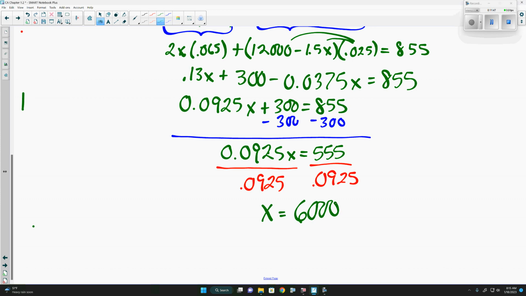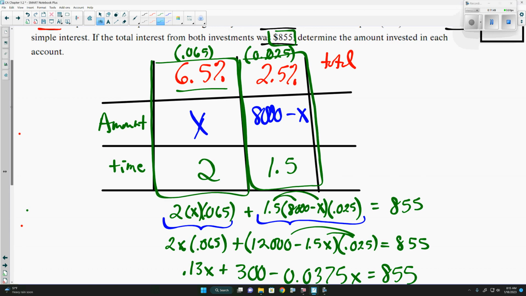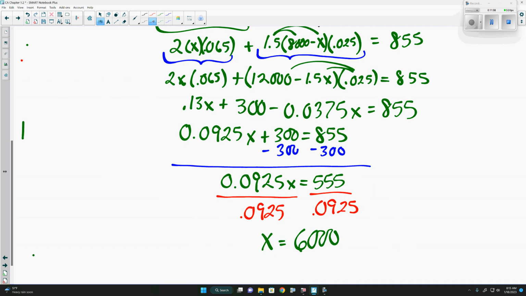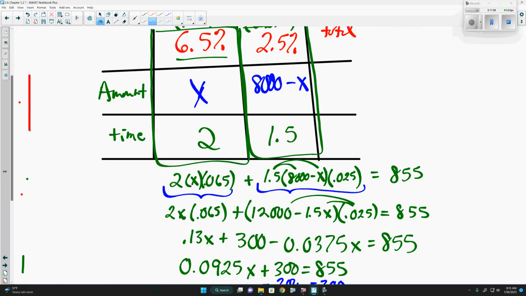Now the 6,000 tells us what we have for the x, which is our 6.5% account. So realistically, if we put this back in, this here would be our $6,000.